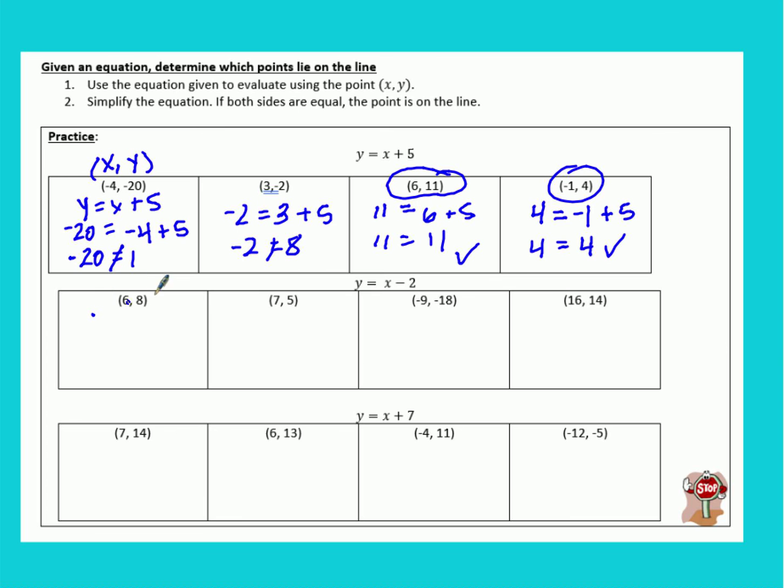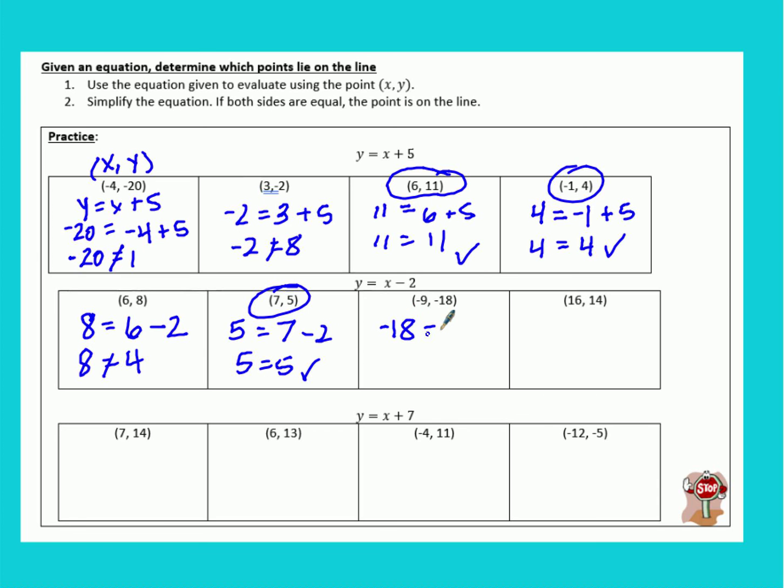All we have to do is remember to plug in your x and your y to your new rule. So in our next one, we have y equals x minus 2. So my y here is 8, x is 6, and we have to subtract 2. So 8 is not equal to 4. This won't be a point on our line. In our next problem, we have 5 should be equal to 7 minus 2. And 7 minus 2 is 5, so this is true. This point will be on our line.